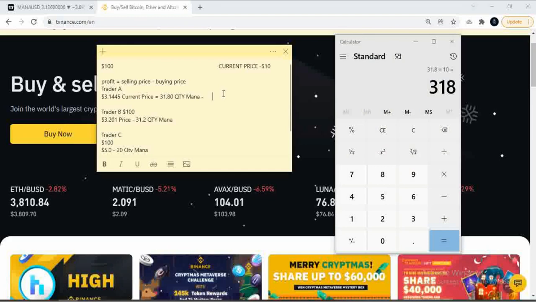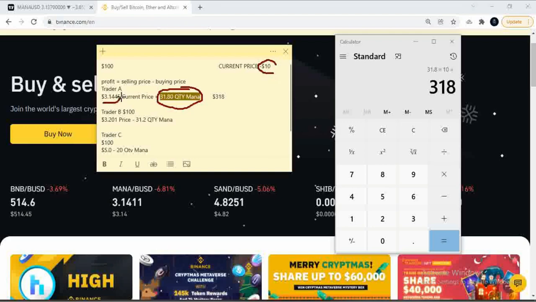So trader A is going to make $308 for this quantity of MANA at $10. Originally he bought at this price. Let's look at what his profit will be.